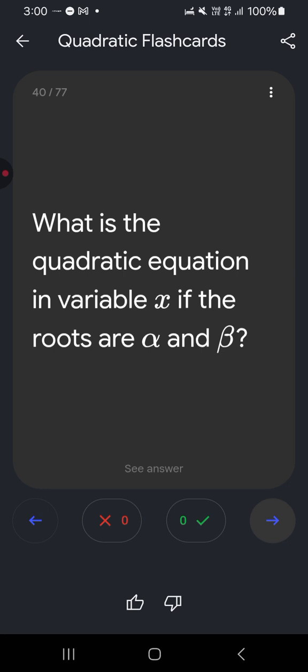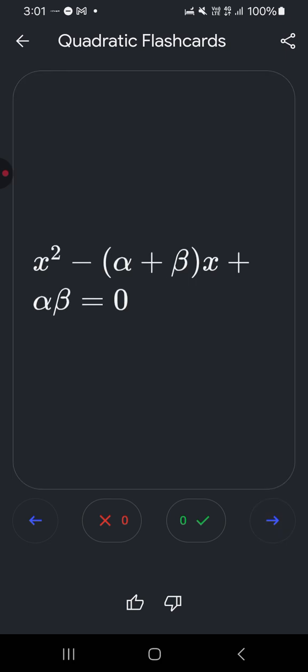What is the quadratic equation in variable x if the roots are alpha and beta? x square minus bracket alpha plus beta into x plus alpha beta is equal to 0.